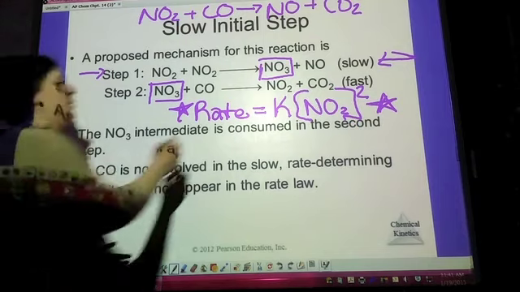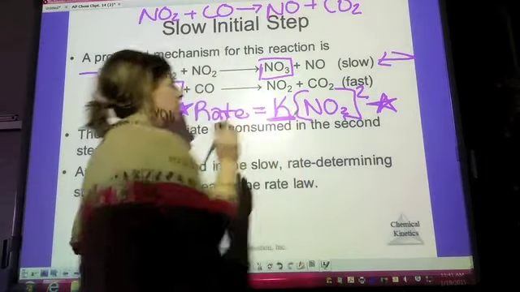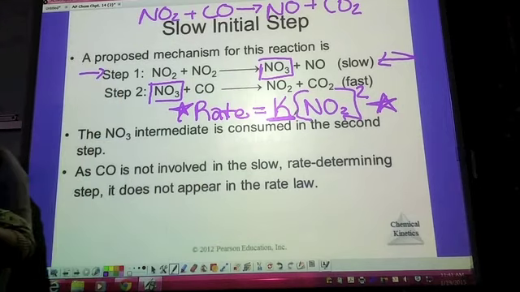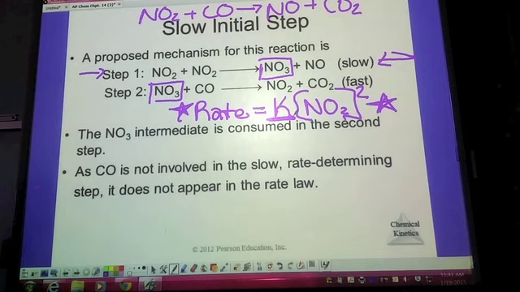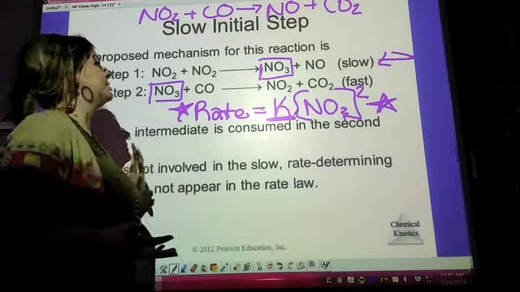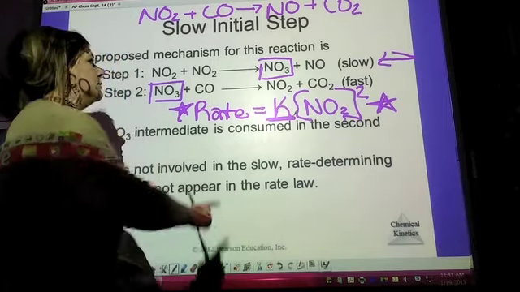When we deal with K values, let's talk about K values and rate constants for a minute, because I may ask you just based on a K constant number whether or not you think that something will happen quickly or if something would happen slowly. So since we have 2 different steps and they're different reactions, they're going to have different K values.